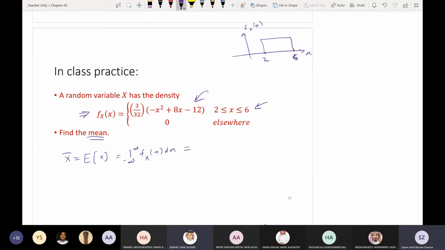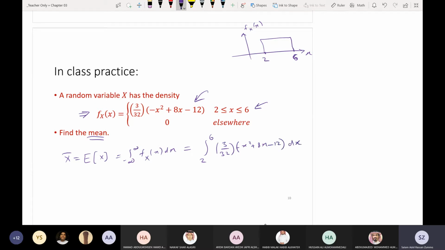Then we integrate from where to where? From 2 to 6, because this is the PDF range here. And we put the PDF, which is 3 over 32 times minus x squared plus 8x minus 12 dx.